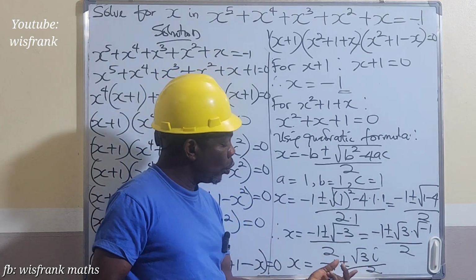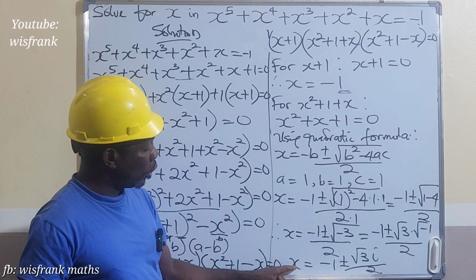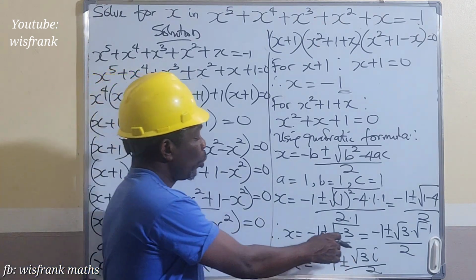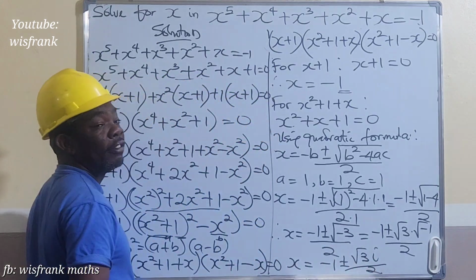So we have two solutions here, x with plus or minus. We are going to expatiate on that during our illustration of the solution.